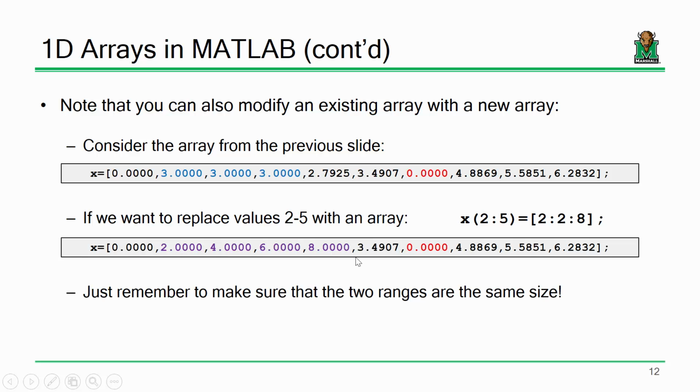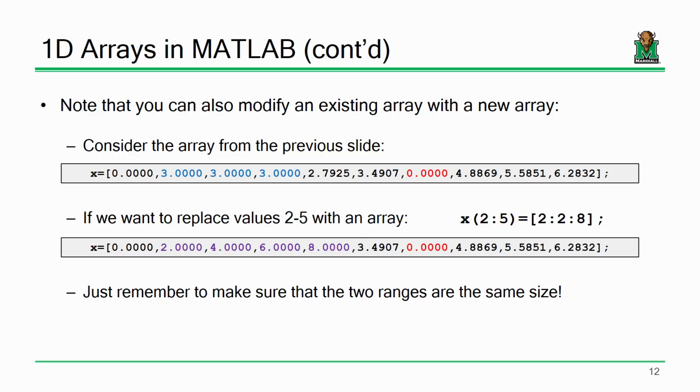So if we want to just completely substitute, now remember what the command 2:2:8 says: we're going 2 through 8 in groups of 2. The left-hand side of this equal statement is where it should go in this array of X, and the right-hand side of that equal statement is what should actually be put in there.